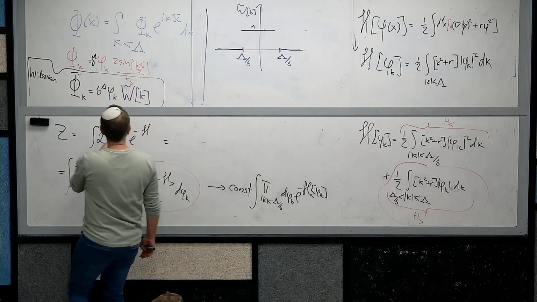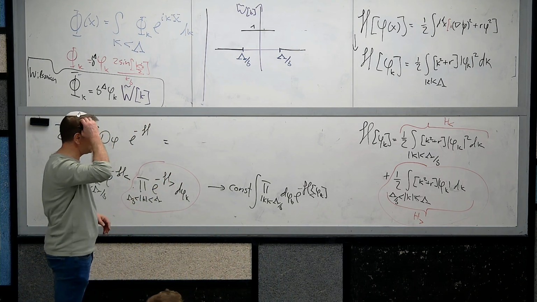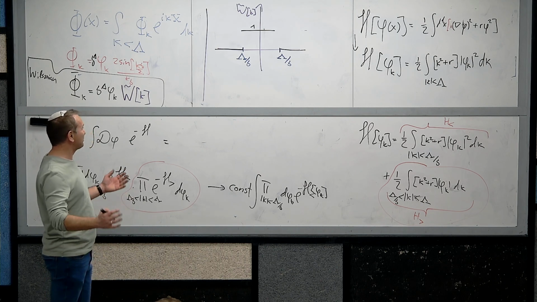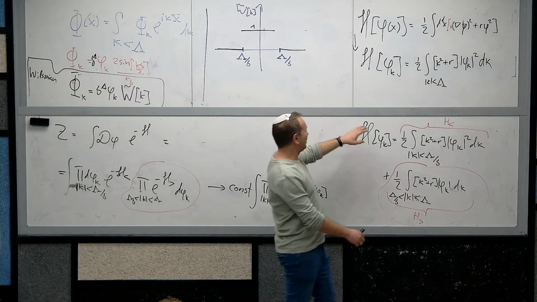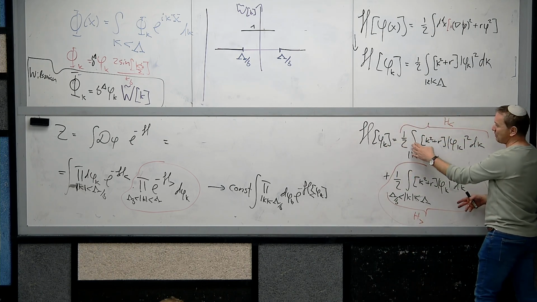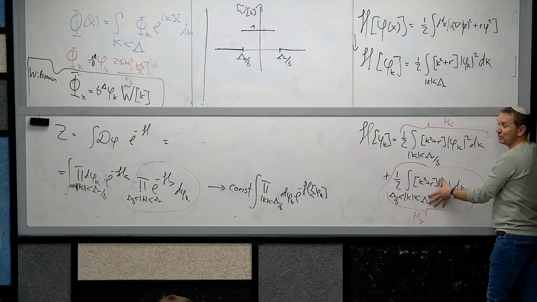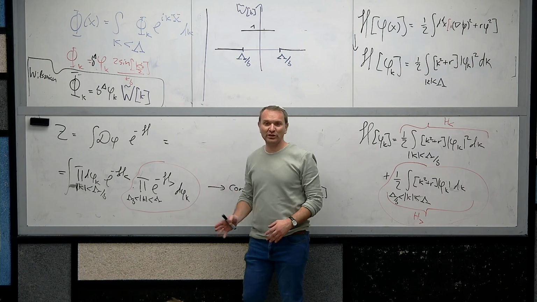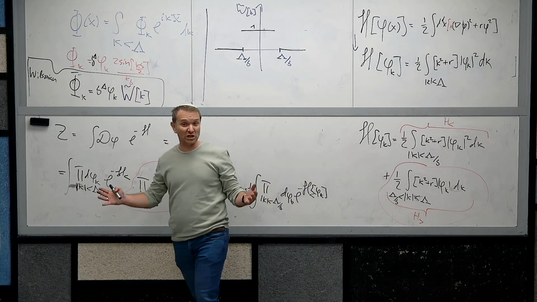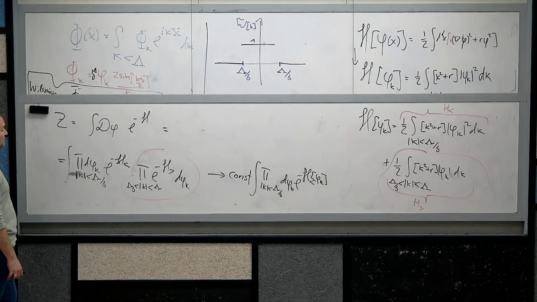So halfway through the procedure of a single RG step, I separate it into two Hamiltonians. The Hamiltonian with modes which are larger than a specific threshold, I don't care about them. Why? Because this integration contributes a constant number. I don't care about constant numbers.